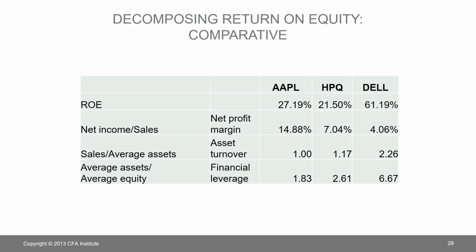Apple's lower turnover reflects its retail strategy, which requires increased investment in PPE, the significant amount of cash on its balance sheet, which generates non-operating income but does not generate revenue, and subscription accounting for iPhones, creating deferred tax assets, which also reflects in Apple's numbers.